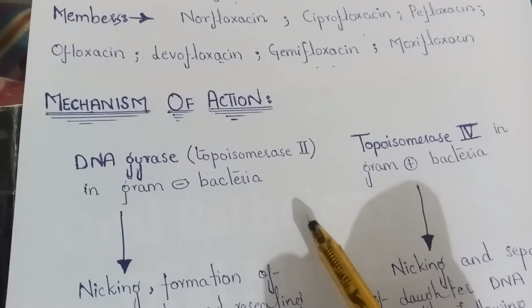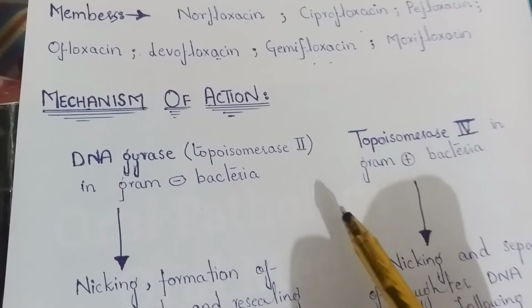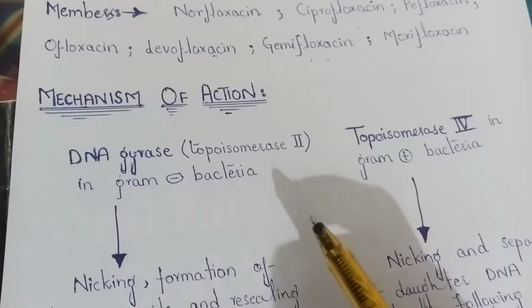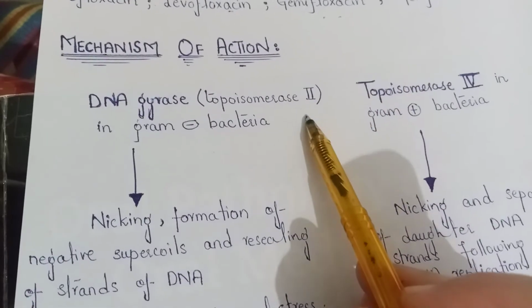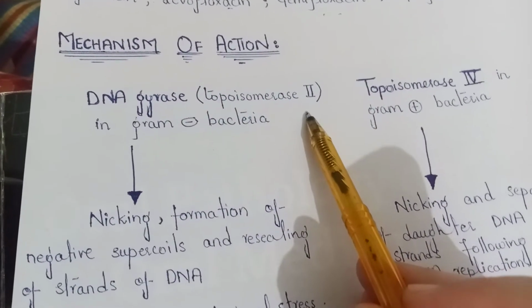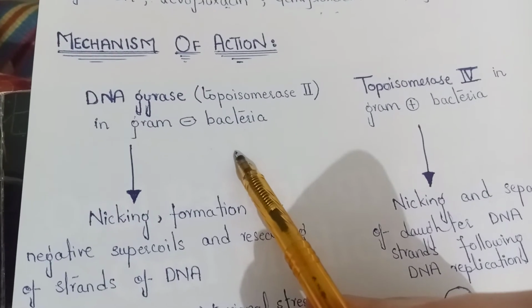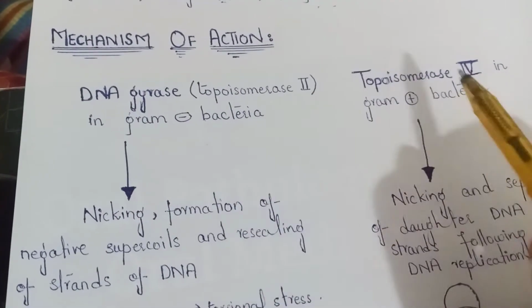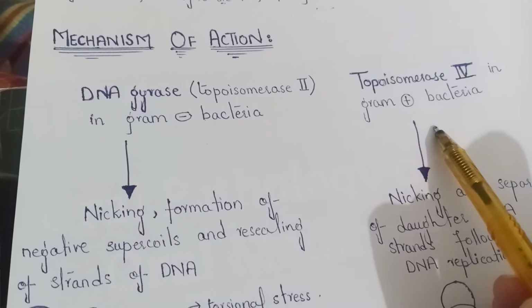Now we're going to discuss in detail what the mechanism of action of DNA gyrase and topoisomerase 4 is. DNA gyrase is also called topoisomerase 2, and it is mostly present in gram-negative bacteria, while topoisomerase 4 is mostly present in gram-positive bacteria.